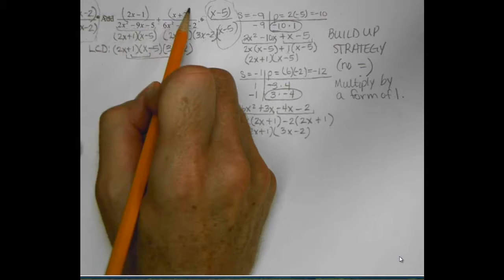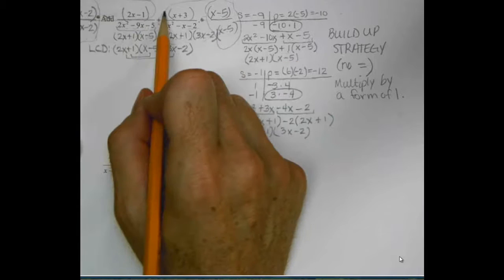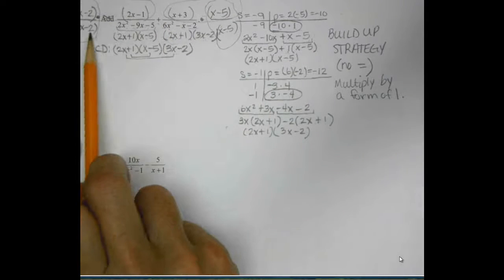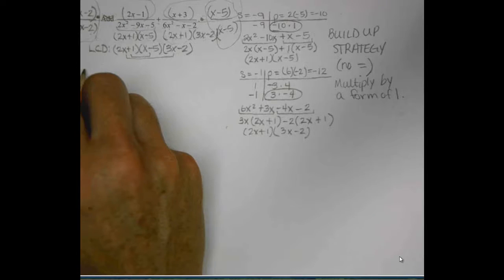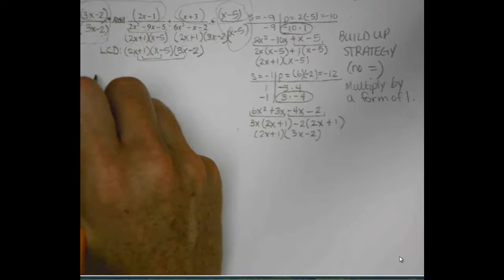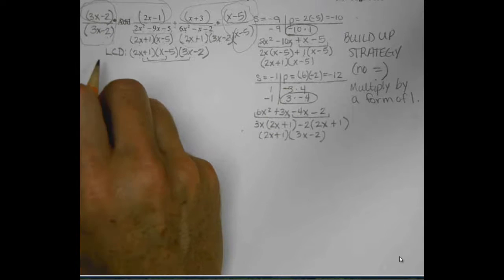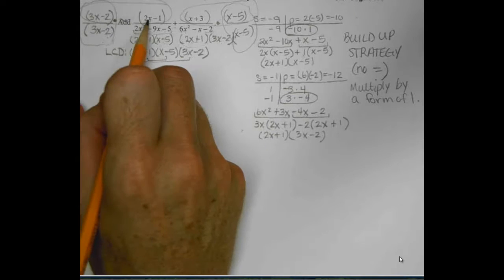And then I actually need to go ahead and use FOIL for this numerator here, and FOIL for this numerator here. I'm going to leave my denominators in the factored form that is that LCD. So for the first rational, I multiply using FOIL, so I have 3x minus 2 times the quantity 2x minus 1.